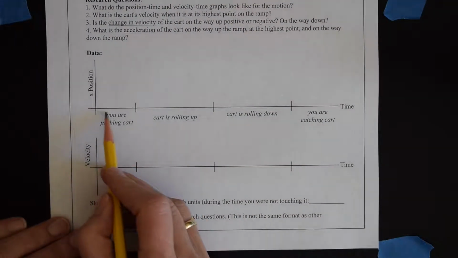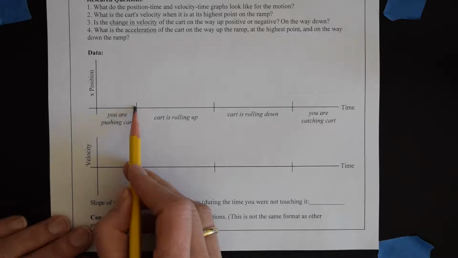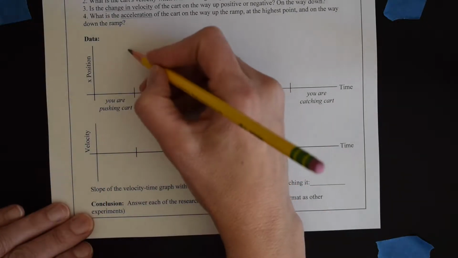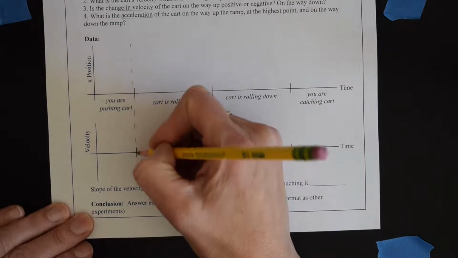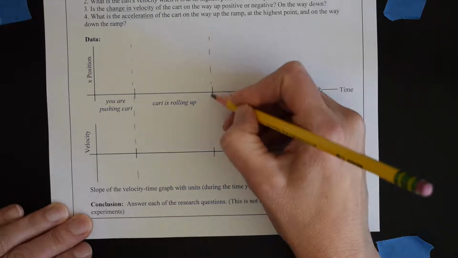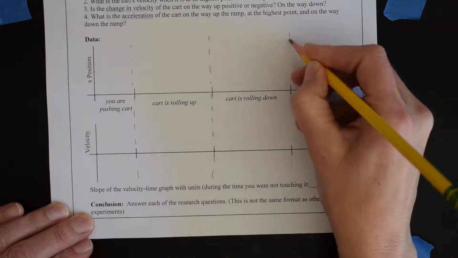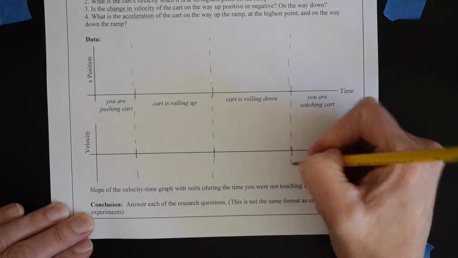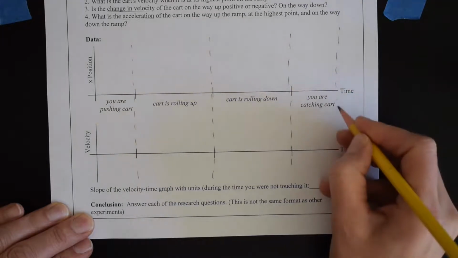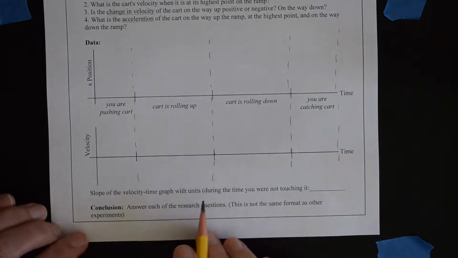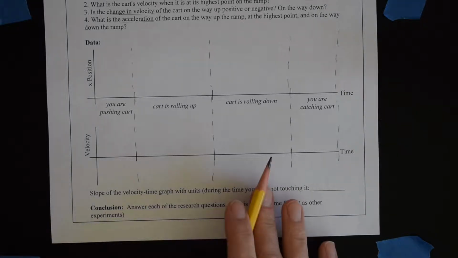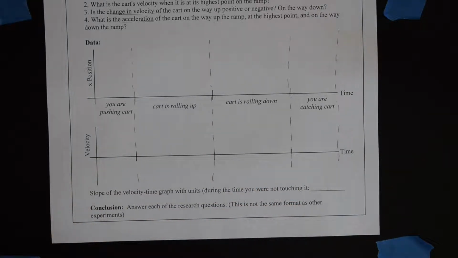So this first section is when you're pushing the cart, both on this graph and on this graph. So these 2 graphs line up, on the same time scale. Okay, so maybe pause the video and sketch real lightly what you expect, and then I will draw what we actually found.